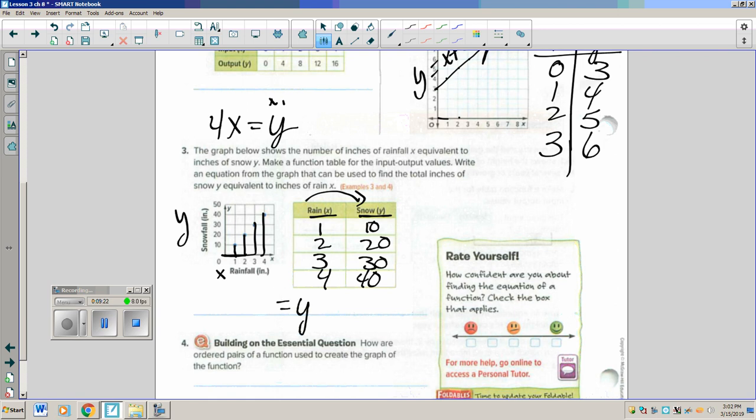I'm going to start out with equals y. That's my right side. What am I doing to x? I'm multiplying it by 10. 10x equals y. That is the equation for the graph of rain and snow. Easy peasy. Once again, thanks, Alex. Great job.